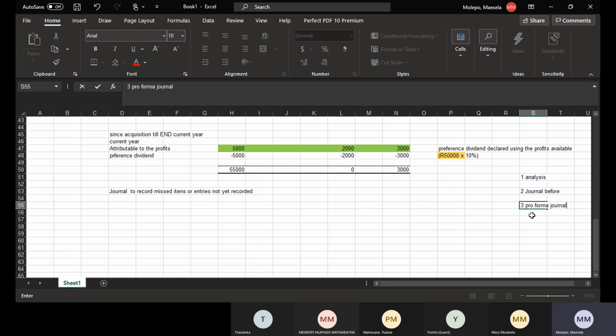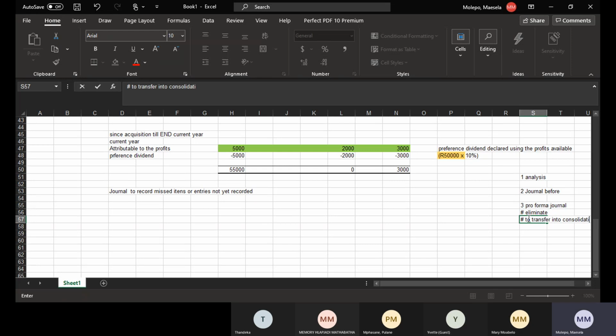The pro forma journals will be either to eliminate or to transfer into consolidations.